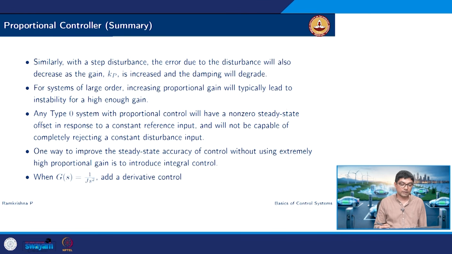Now, summary. This can be easily checked. The error due to disturbance will also decrease as the gain Kp is increased, but the damping will degrade.